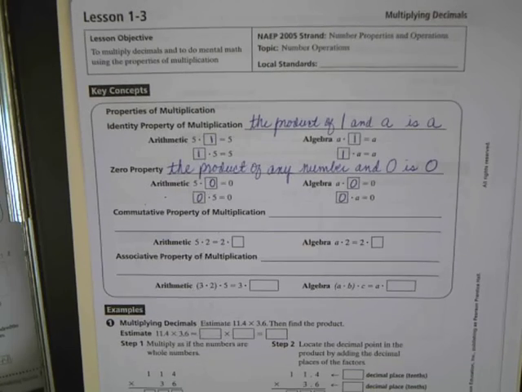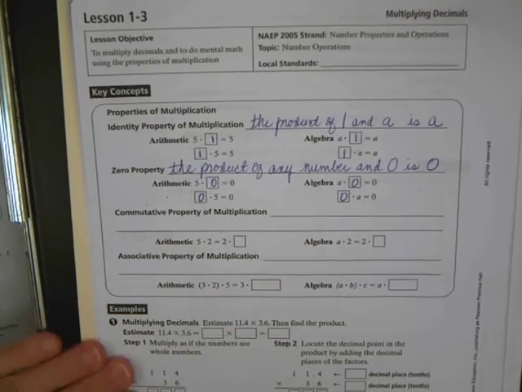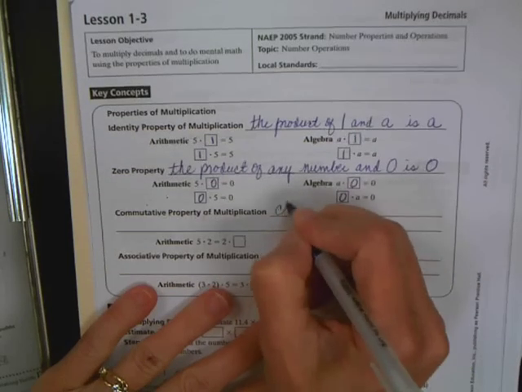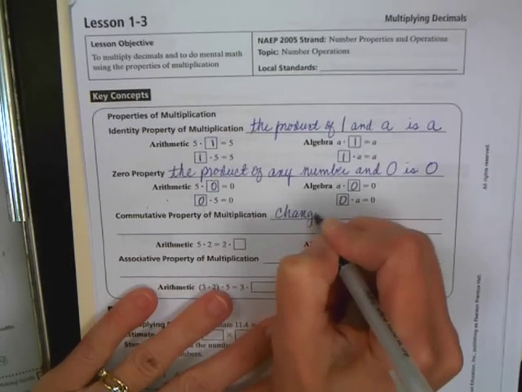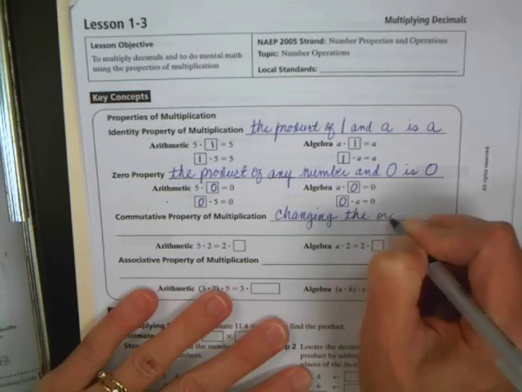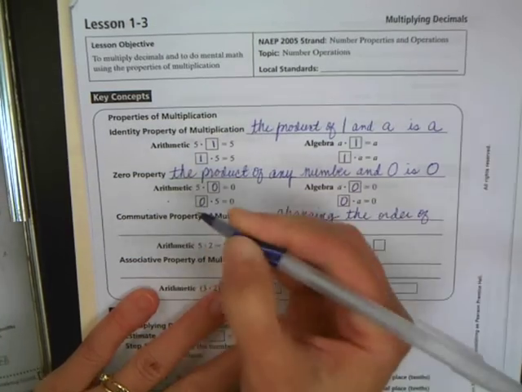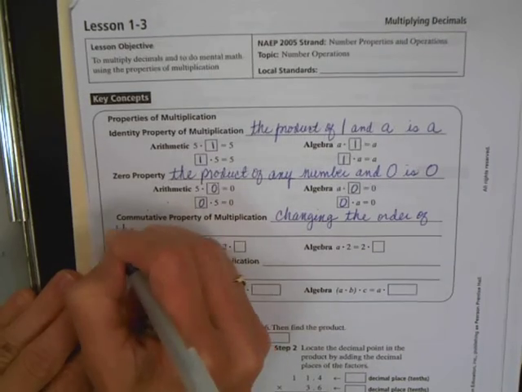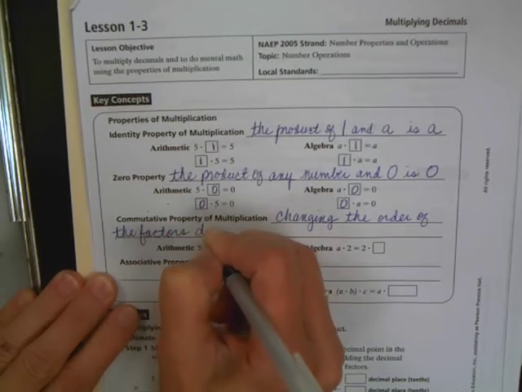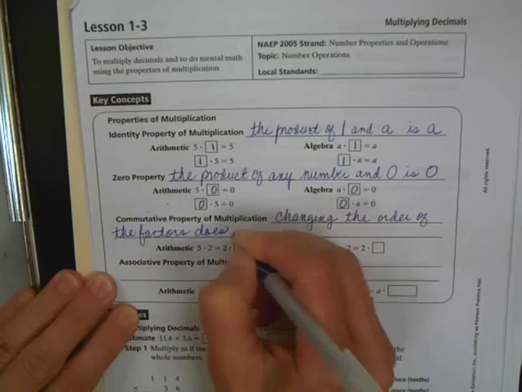All right, the commutative property of multiplication is similar to that of addition. So it basically tells us that changing the order of the factors does not change the product.